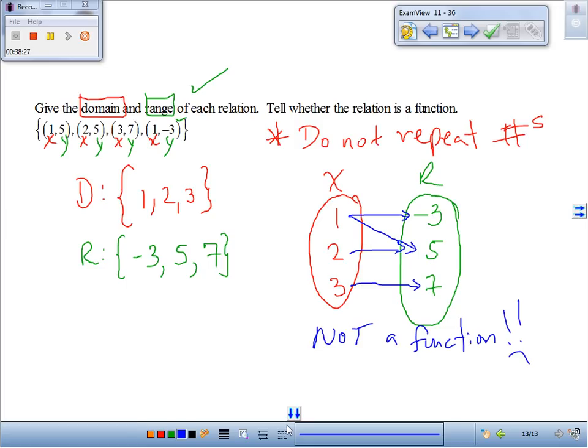When one x has 2 different y's, that's not a function. It doesn't matter. We're focused on the x right now.